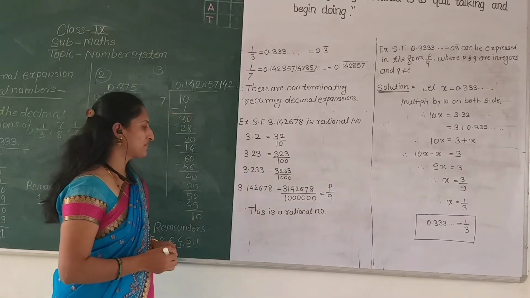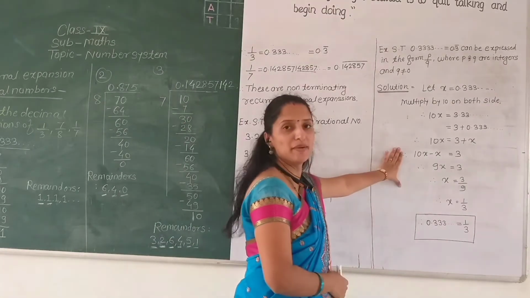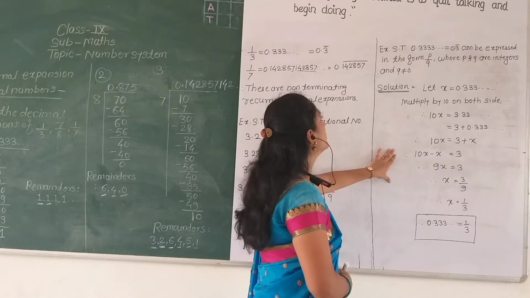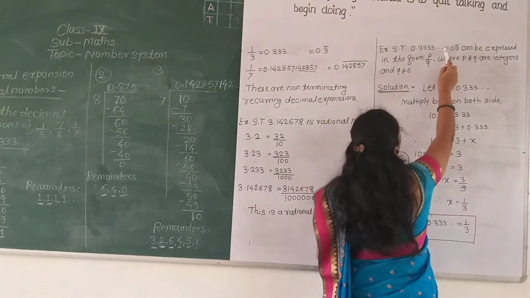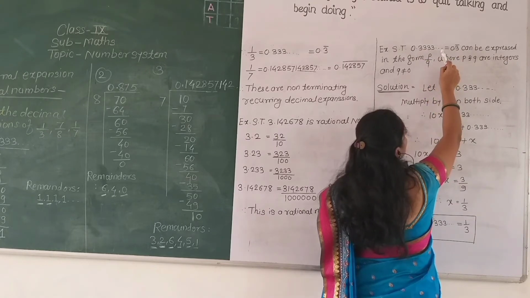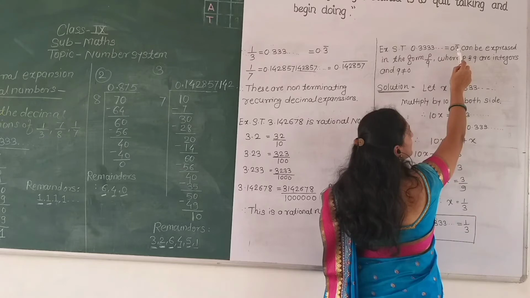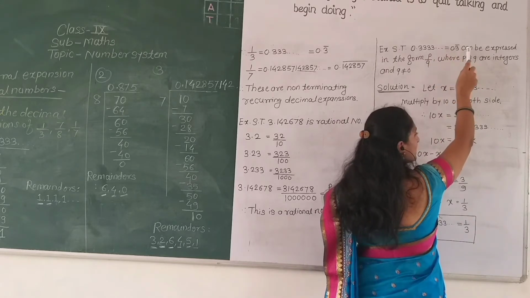Okay? Now, look at the other example here. This is a very important example. Look here. Show that 0.3333 is equal to 0.3 bar. That means this decimal expansion is non-terminating and recurring.